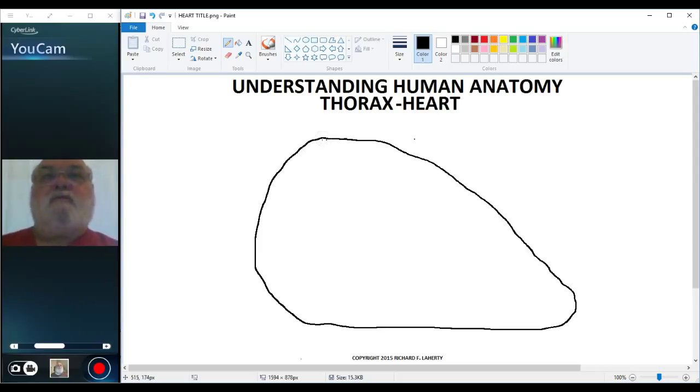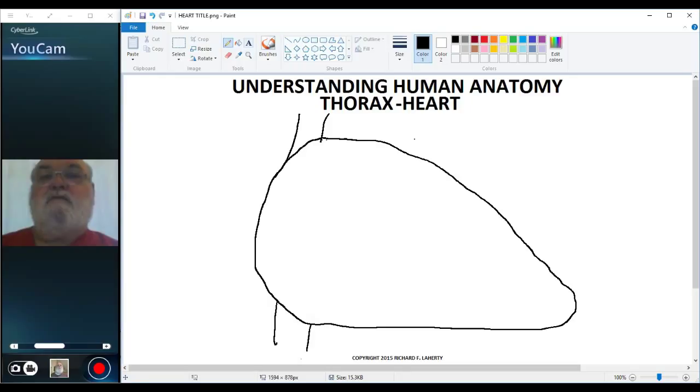Now, we have some other structures to look at, and what we'll do first is draw in the superior and inferior vena cava, which enter the right atrium. So up here will be the superior vena cava. Down here will be the inferior vena cava.